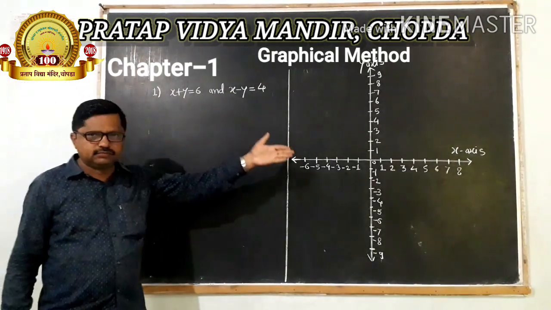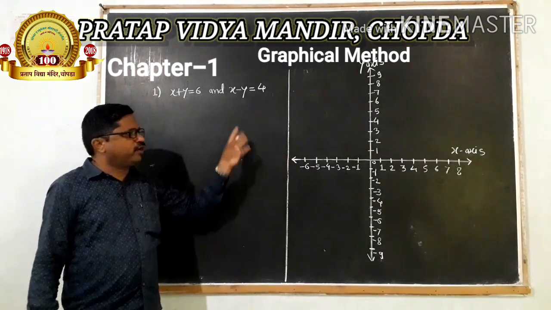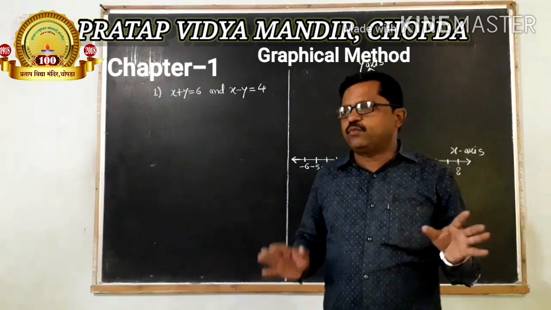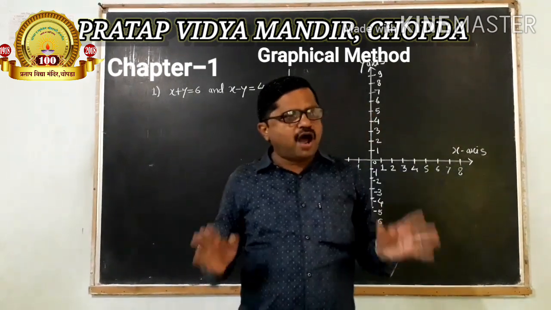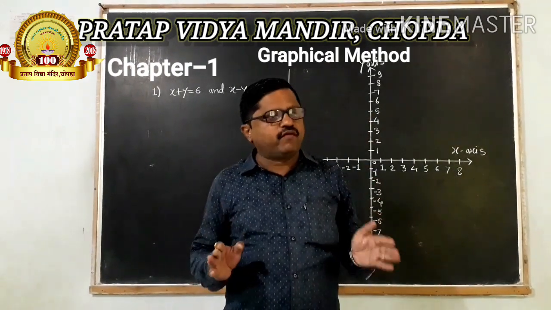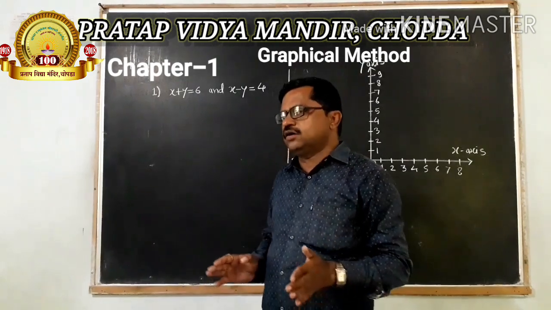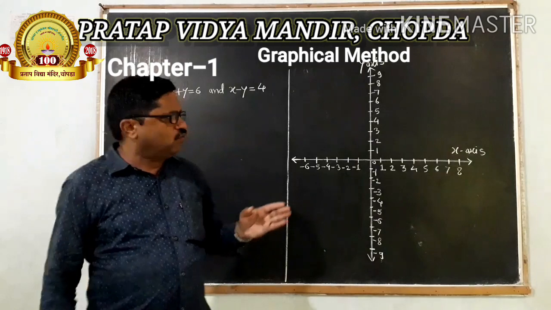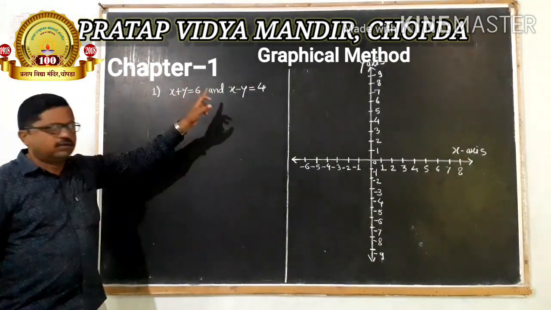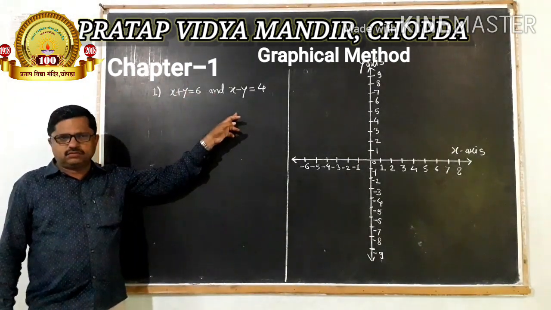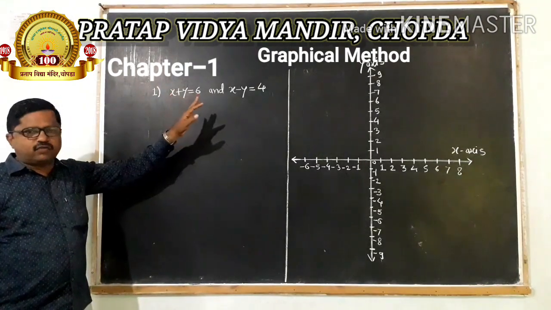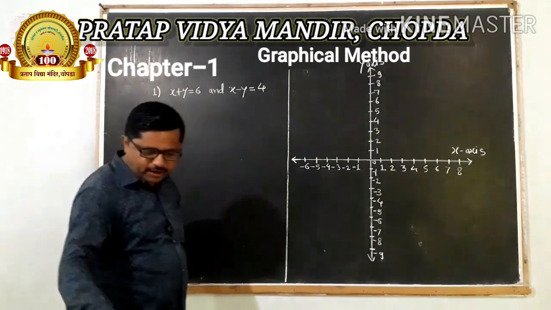This is a graph. But before using the graph paper, dear students, you must find out the x coordinate and y coordinate of the points for these given linear equations. To find the x and y coordinates for the corresponding equation, make a table.